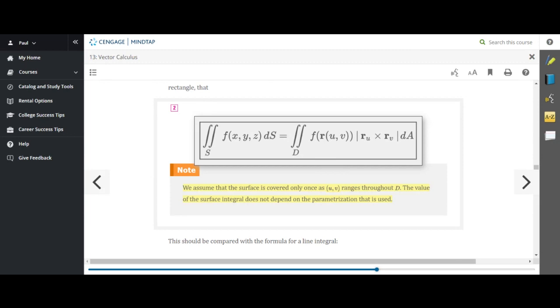Let me just see if I need to write anything down here.